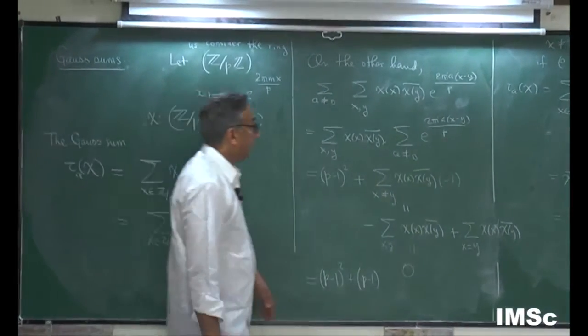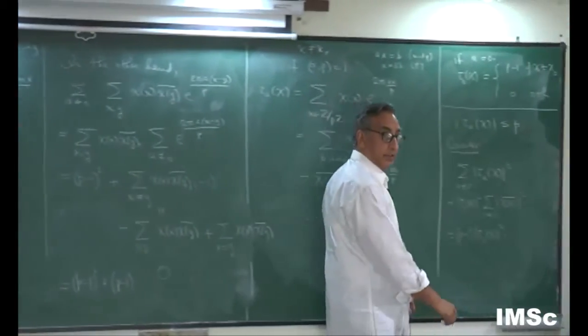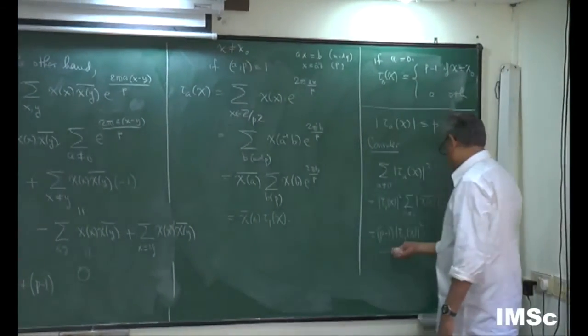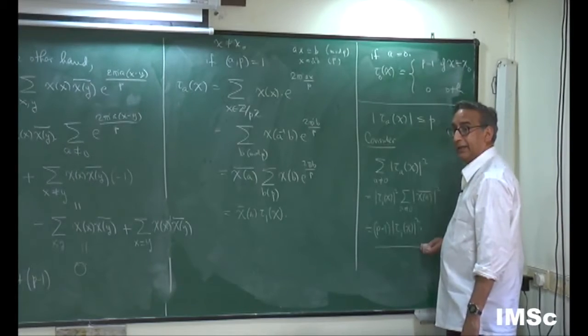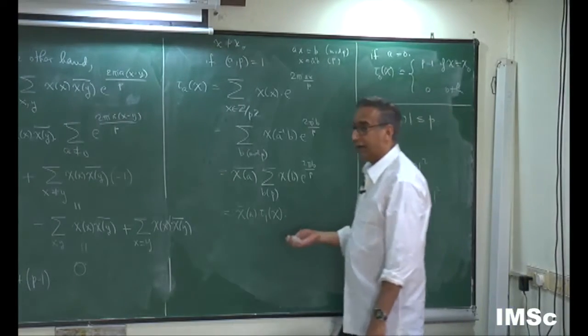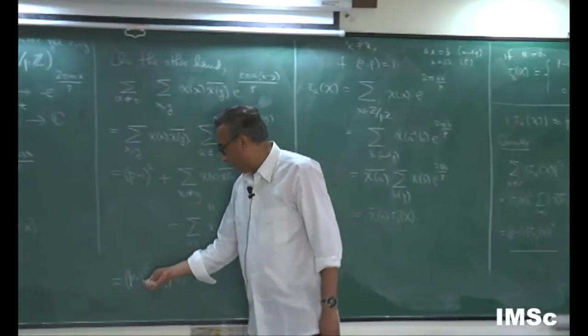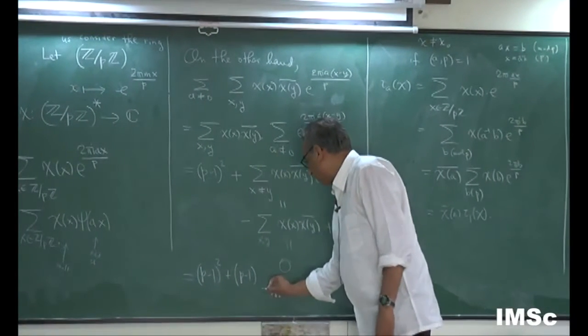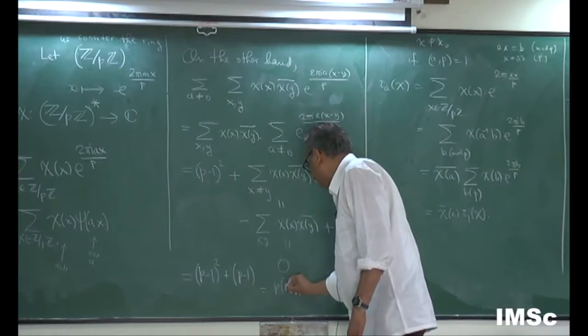So on one hand, the calculation gave P minus 1 times this. On the other hand, the calculation gave P minus 1 squared plus P minus 1, which looks to me like P times P minus 1.